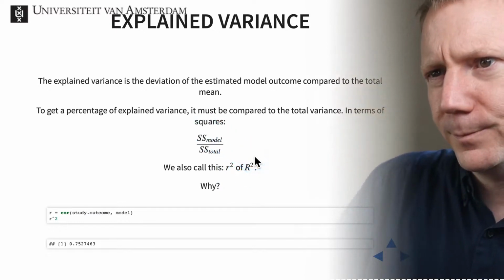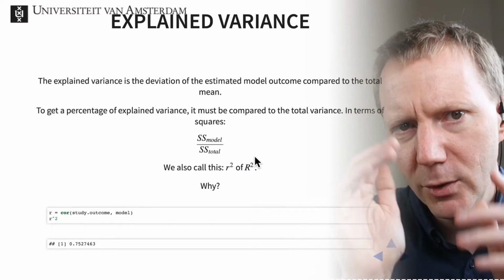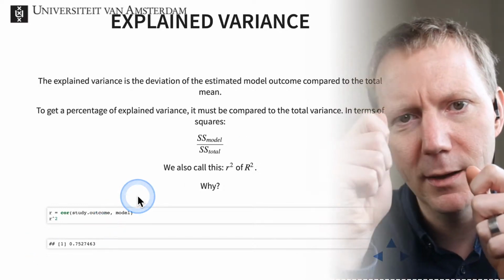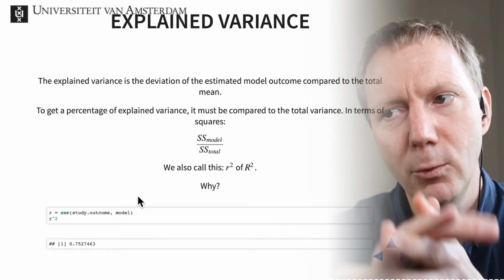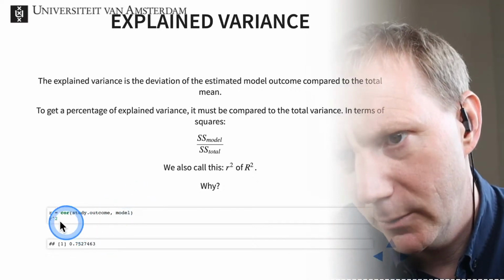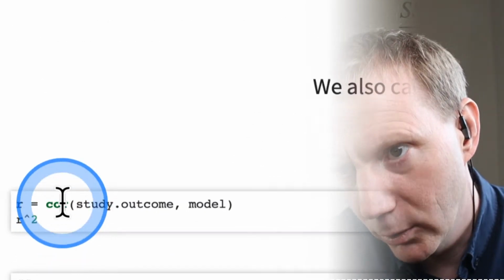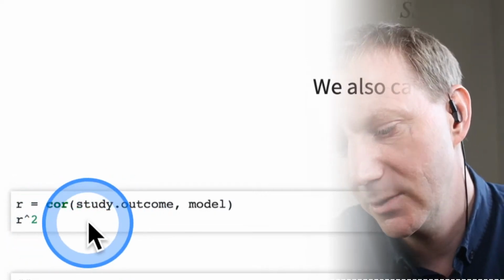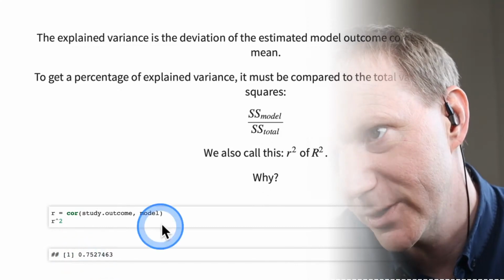I've said earlier that if you correlate your expected model outcome with your actual outcome and you square it, we call it the explained variance. So what I'm doing here is correlating the study outcome with the model expectations and squaring this, and we call that the explained variance, which is 75%.